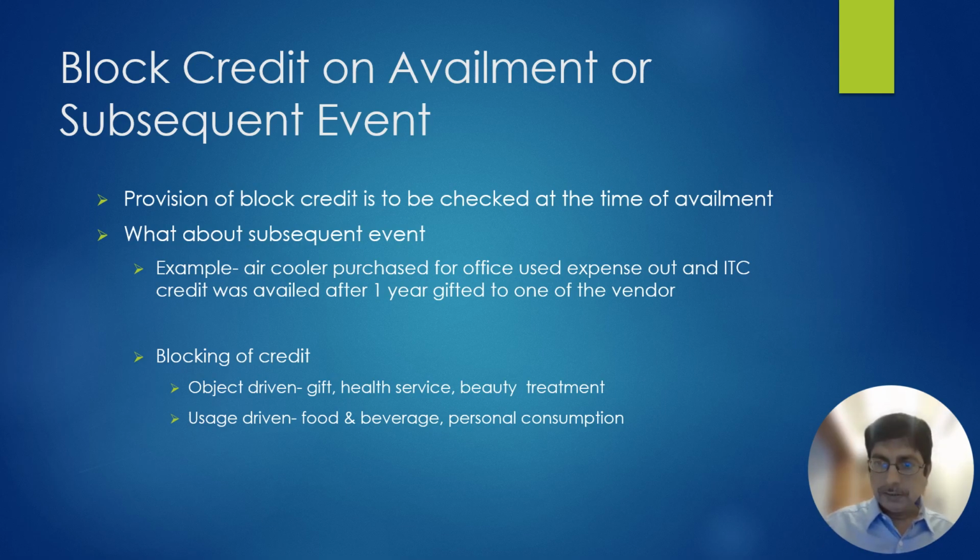It means when that air cooler, in this example, is gifted to the vendor, on which input tax credit was availed, you should not go to section 17(5)(h) to reverse that input credit. However, as per Schedule 1 of the CGST Act, you need to add that in the GSTR 1 for the month in which that air cooler was gifted to the vendor.